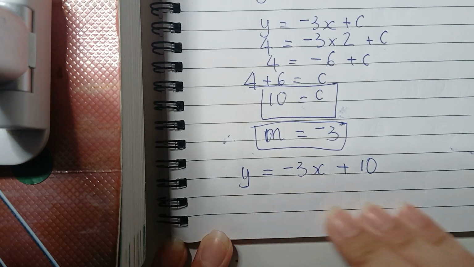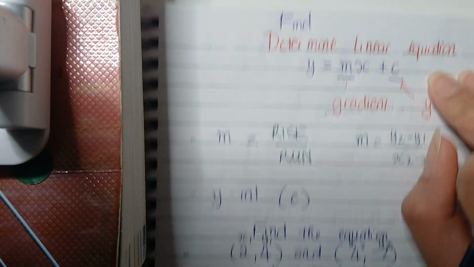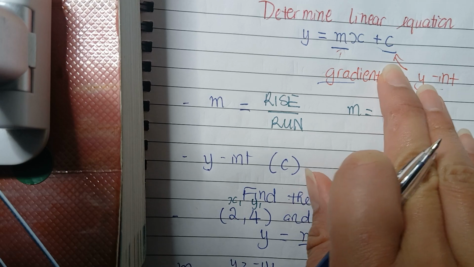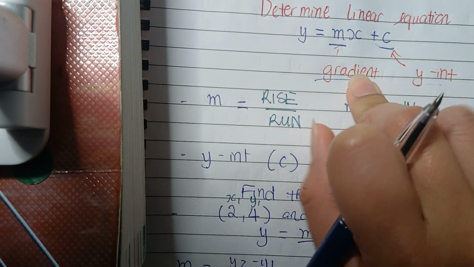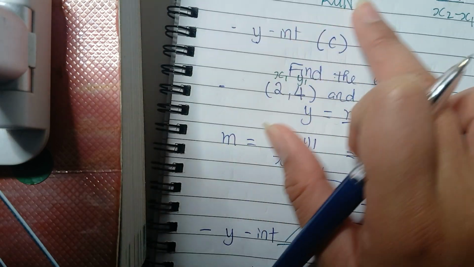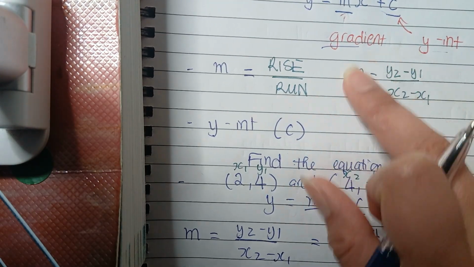So this is what it means to determine or find the linear equation. First step, write down the general rule. Next step, ask yourself, I need to look for gradient and I need to look for c. How do I look for gradient? Rise over run, or you can use this formula. We always use this formula.